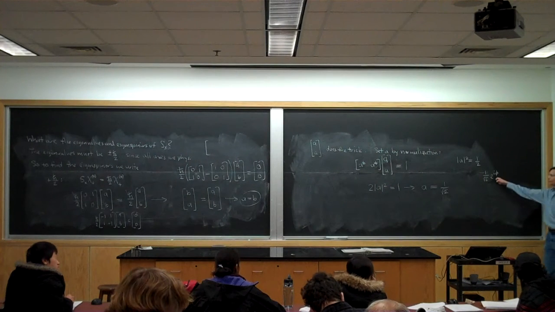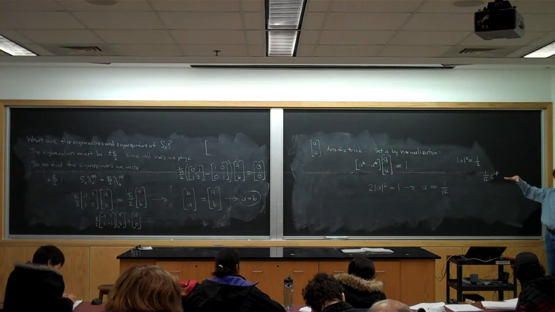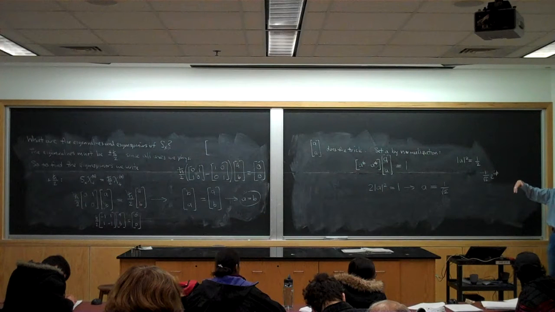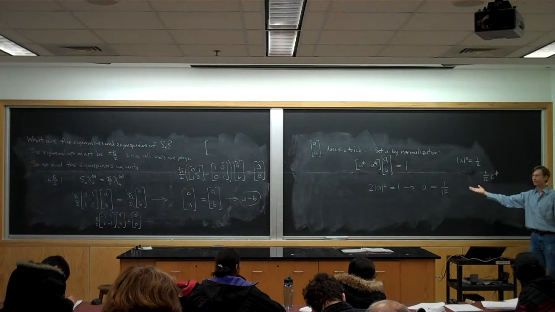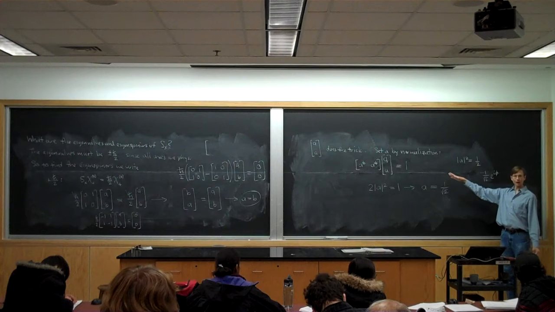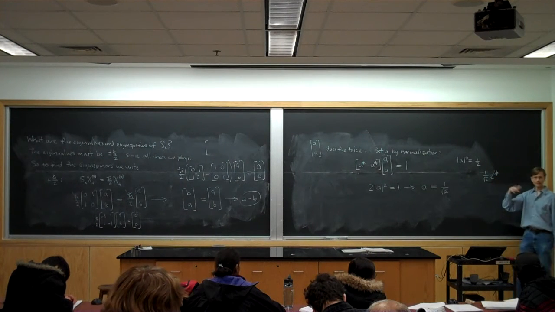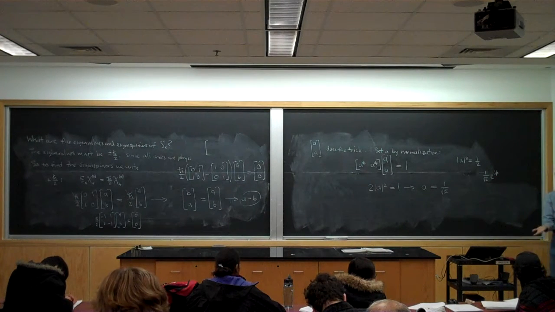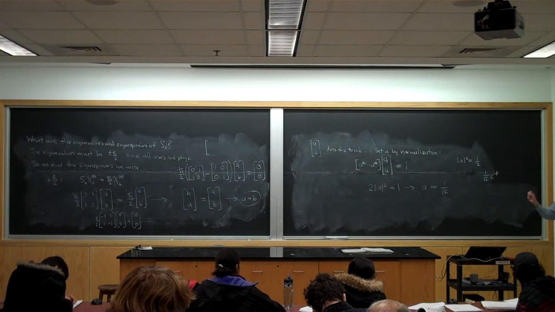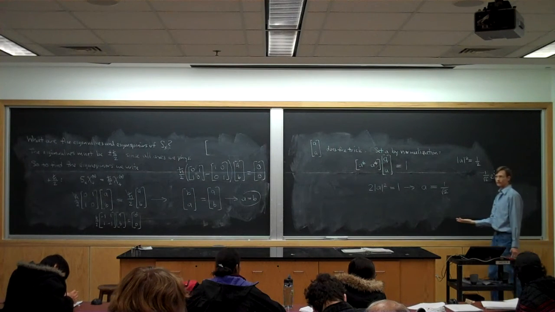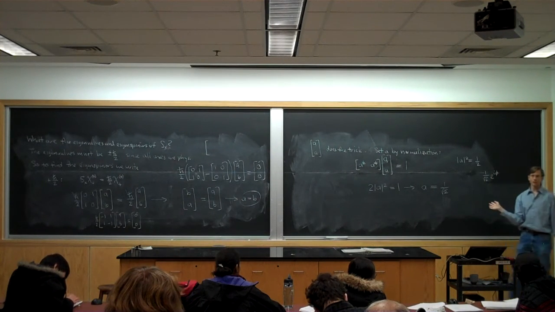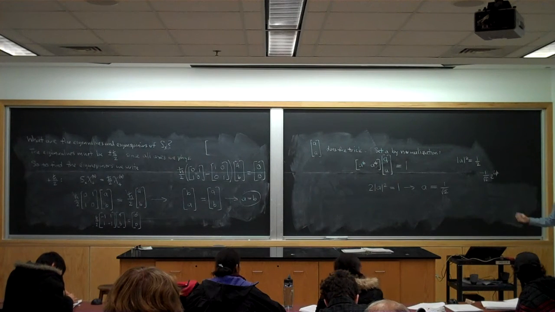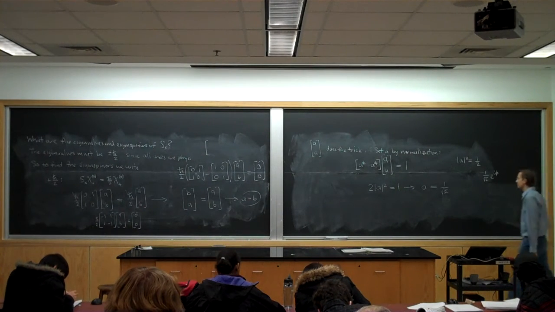It sure would. There's always a complex phase that you could multiply by, because when you take the star, it would turn into e to the minus i phi and it'll cancel out. So that ambiguity is always there. There's always an arbitrary complex phase in the normalization. And normally we just throw it away. We just say, well, let's make it real, just because we like to. But we don't have to.